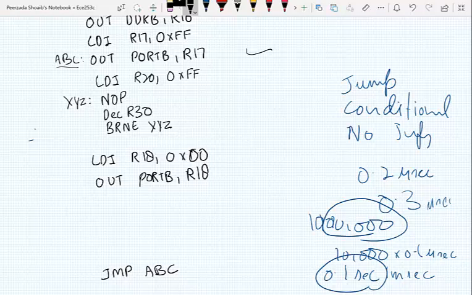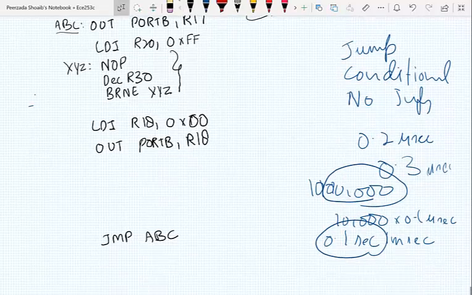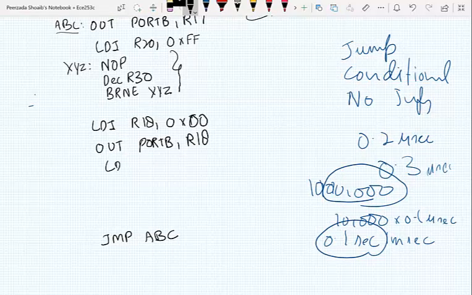And execute this piece of code 255 times, FF times. Again here I will use another register, LDI R21 0xFF, or I can use the same register again, maybe R20.